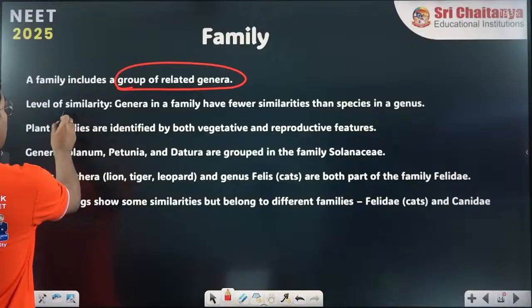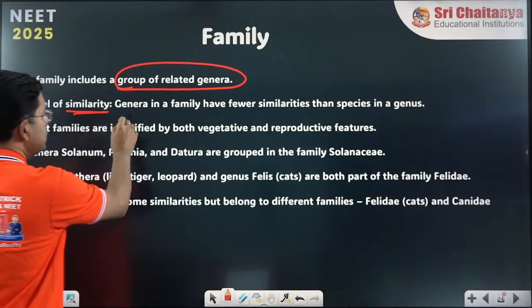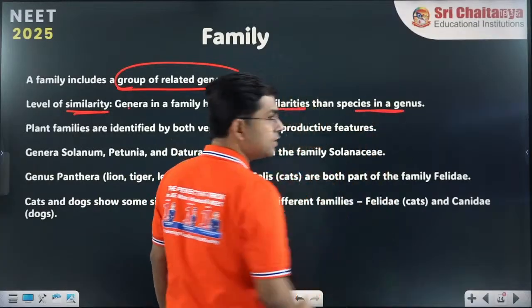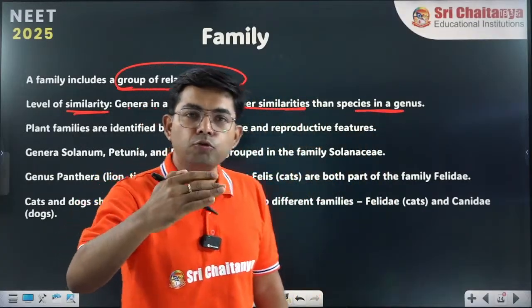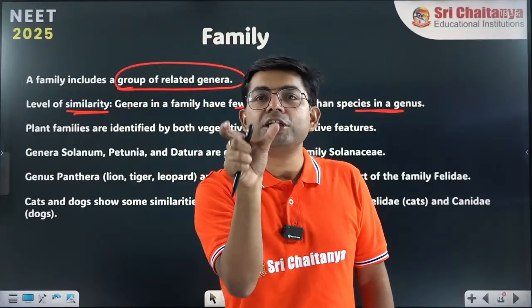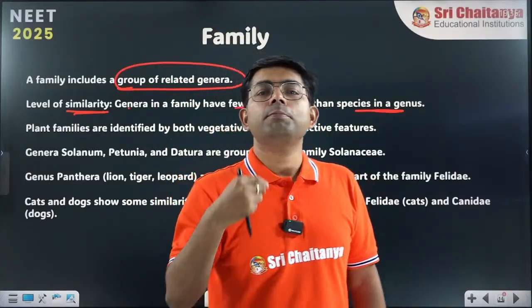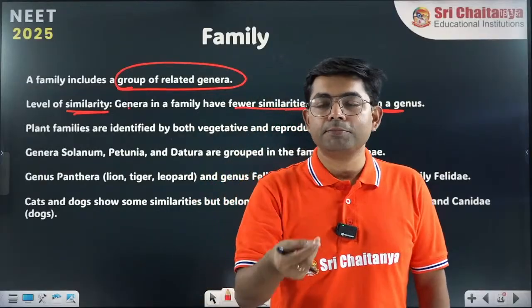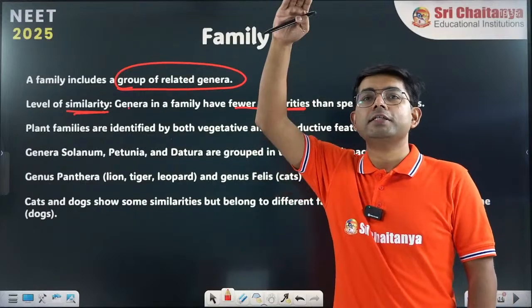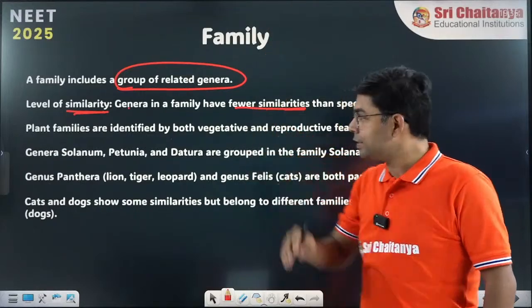The level of similarity among genera in a family is lower than among species in a genus. Of course, as you go up, the similarity decreases. So the similarity between genera of a family will be comparatively less than the similarity of species in a genus. As you go upward, the similarity keeps on decreasing.